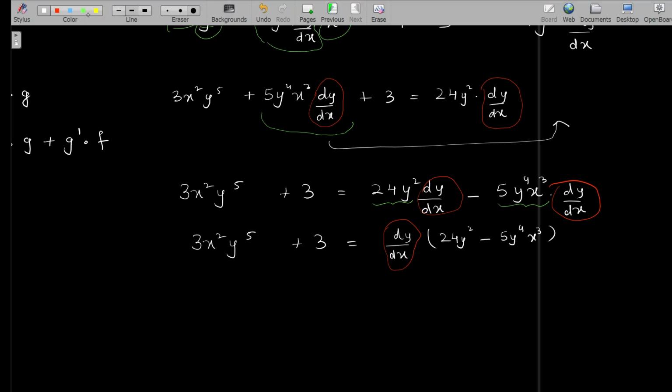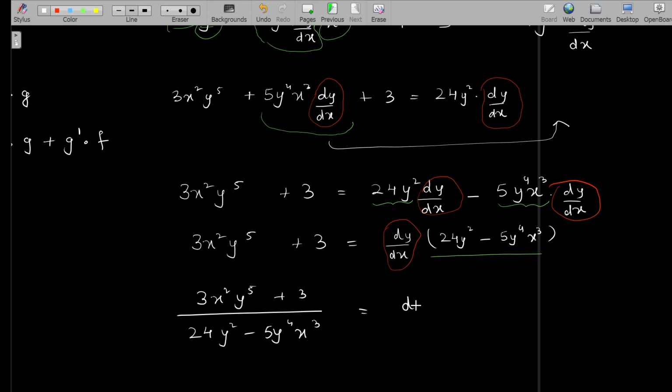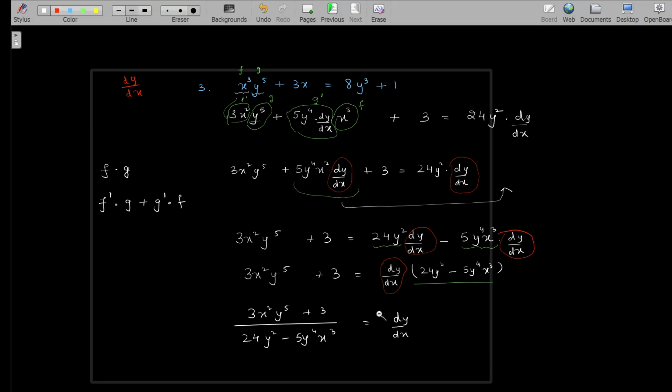Get rid of this, so that would become the denominator on the other side? Yes, so you have 3x square y raised to 5 plus 3 divided by this whole thing, 24y square minus 5y raised to 4 x cube, equals dy over dx, and that is your final answer, the derivative of y with respect to x.